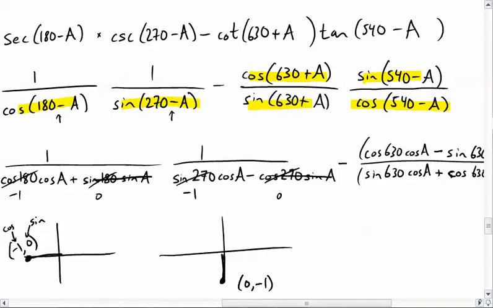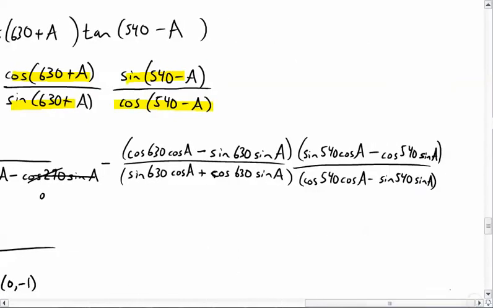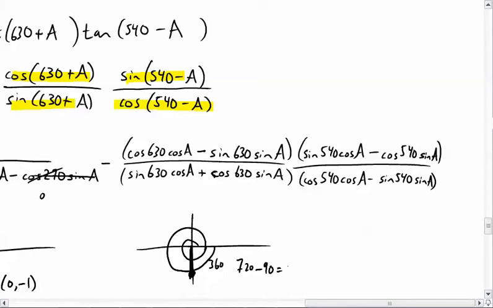Moving on to the next term. 630. How much is that? Well, here's 360. And then 720. And if I take away 90, there we go. 720 minus 90 is 630.